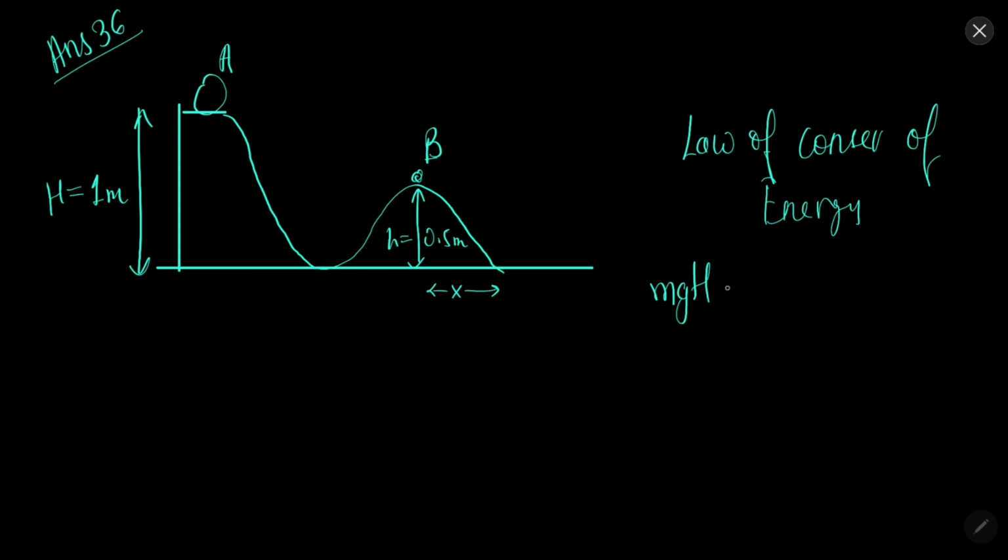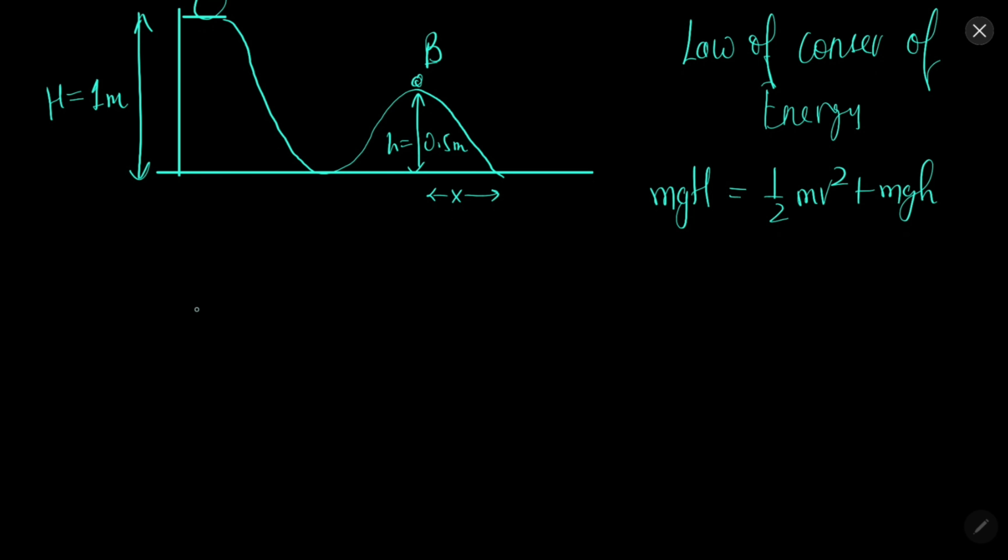So at A it is the total energy and at B it is the total energy. By this you can find the value for V. V will be root g, which will be 3.1 meters per second approximately.